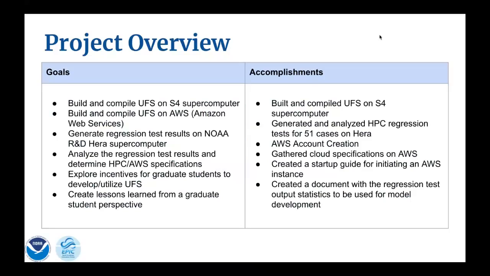It's a quick start guide, really an in-house thing that future people can use to get an AWS instance going. And then we created a document with the regression test output statistics to be used for future UFS model development.